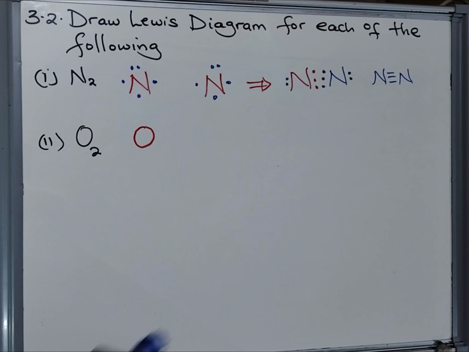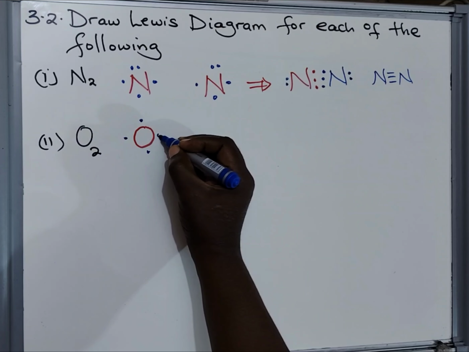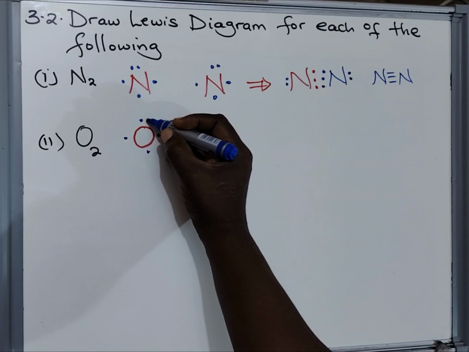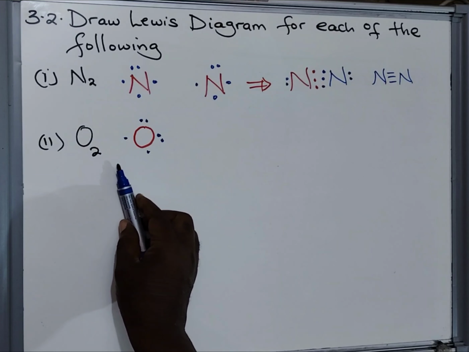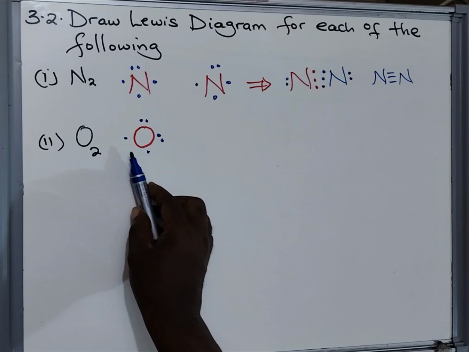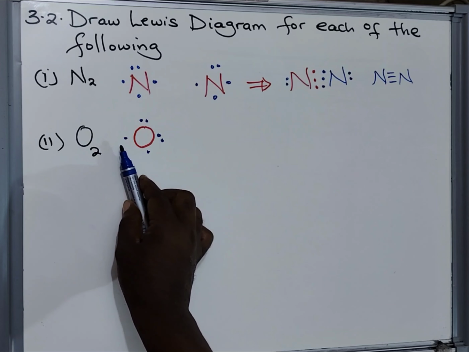We can say 1, 2, 3, 4. Then there are 6, so start pairing 5, 6. Now, this one shows that oxygen has 2 unpaired electrons, meaning that oxygen has the capacity to form 2 bonds.